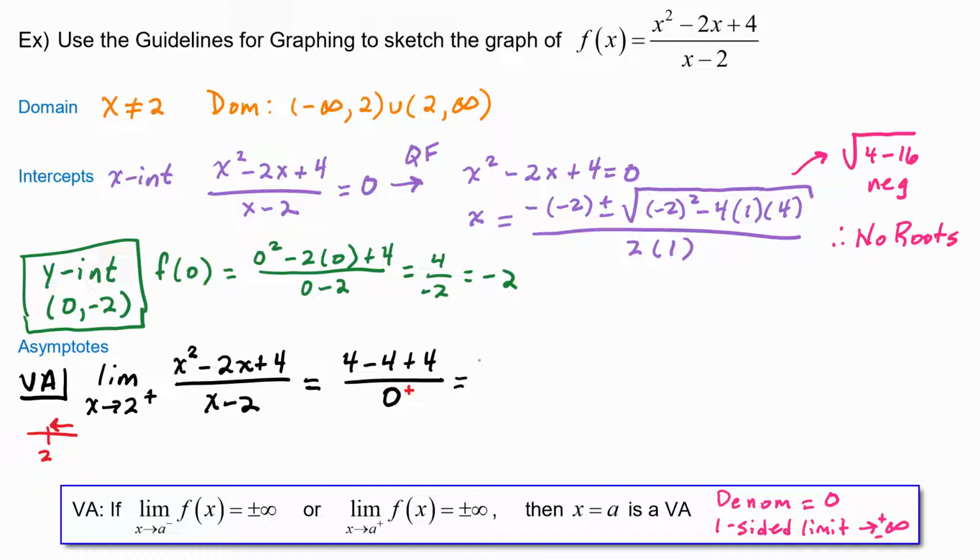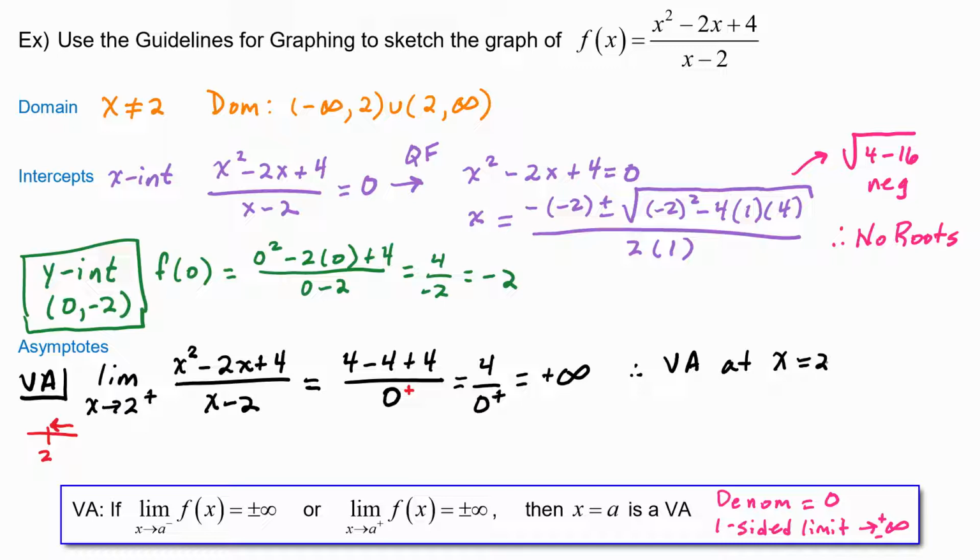So we have 4 over 0 positive, which is going to go to positive infinity. So therefore, we have a vertical asymptote at x equals 2.